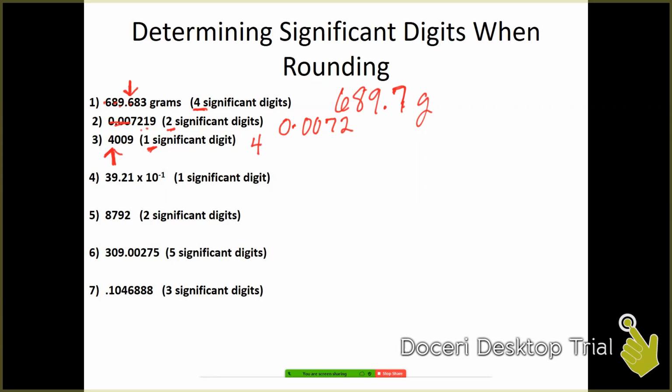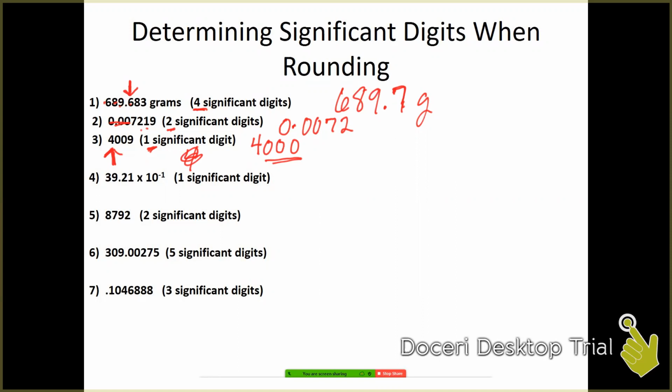So I have to put placeholders to replace those other numbers. And that's kind of where some of them get a little tricky. If I just went from 4,009 to 4, that doesn't make sense. So 4 is my sig fig, and these are considered placeholders to get me in the same magnitude.